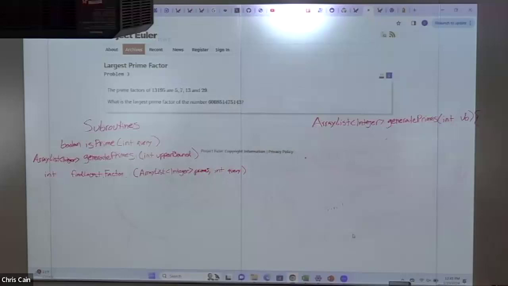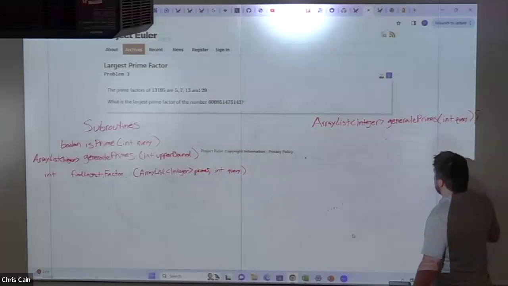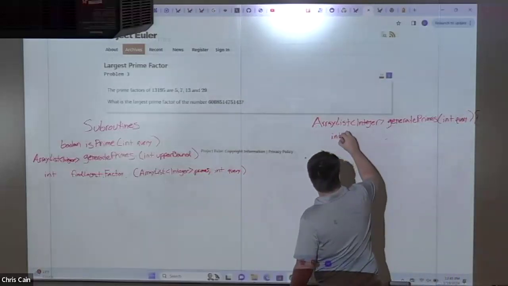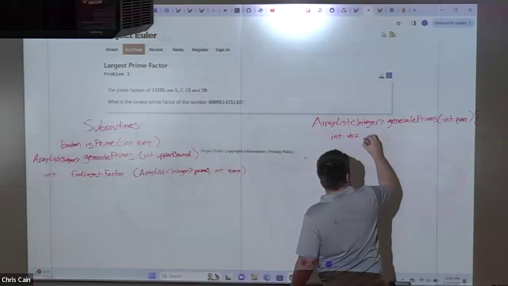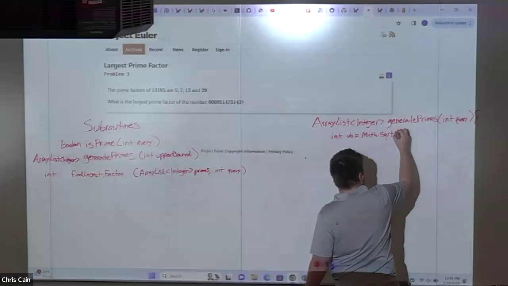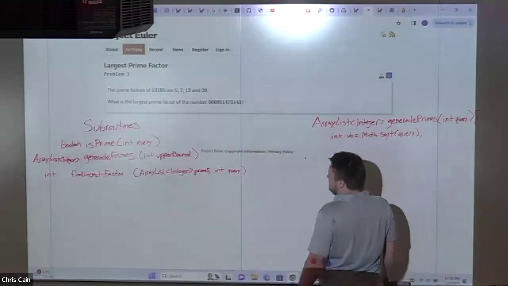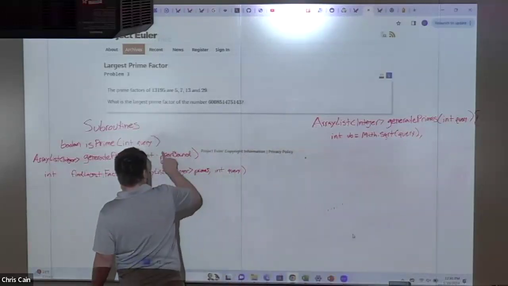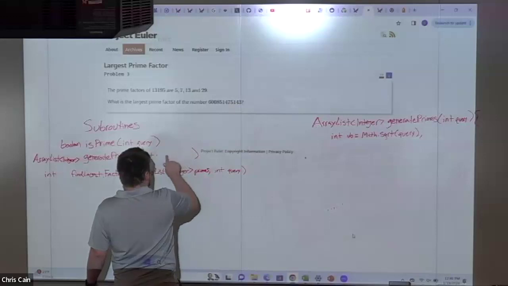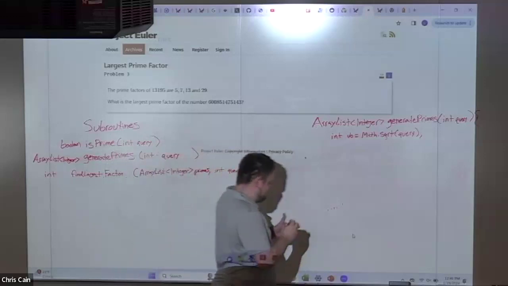You should embed that logic inside of your method such that it takes the number, the query, and then inside of this, you could say int upper bound equals the square root of the query. And that does not force the user to know this logic. That makes way more sense.